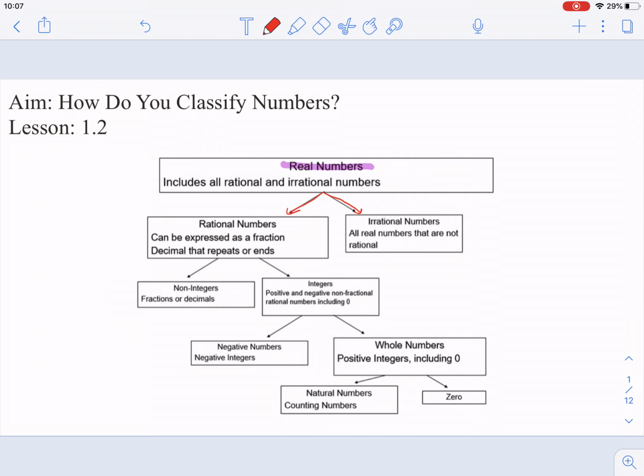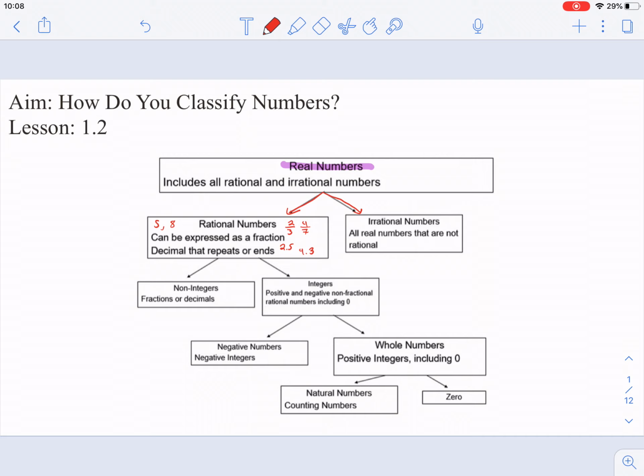Rational numbers can be expressed as a fraction. So any fraction, 2 over 3, 4 over 7, those are rational numbers. Or a whole number, 5, 8, those are rational numbers. Or they can be decimals that repeat or end. 2.5, 4.3, those are rational numbers because the decimal ends.